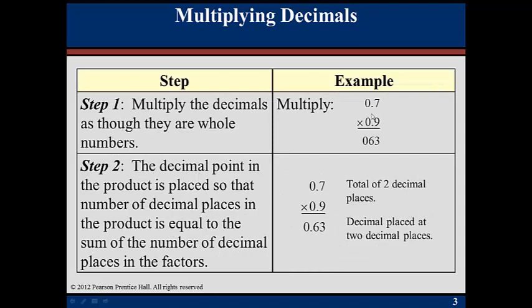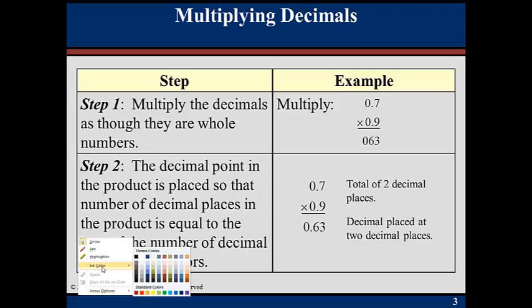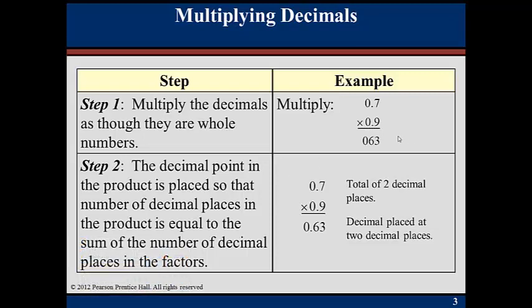Okay, so here's the example. It says 0.7 times 0.9. So first we're going to line up our decimals. So let's just multiply these together like we normally do. 9 times 7 is 63.